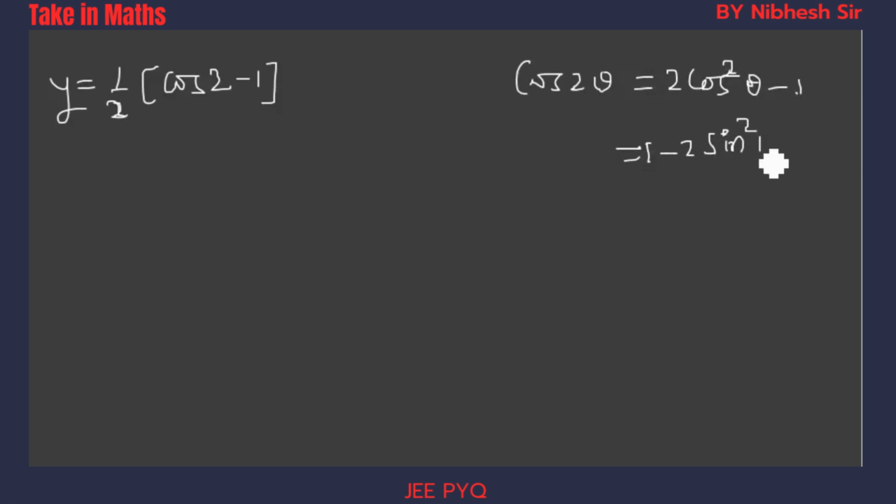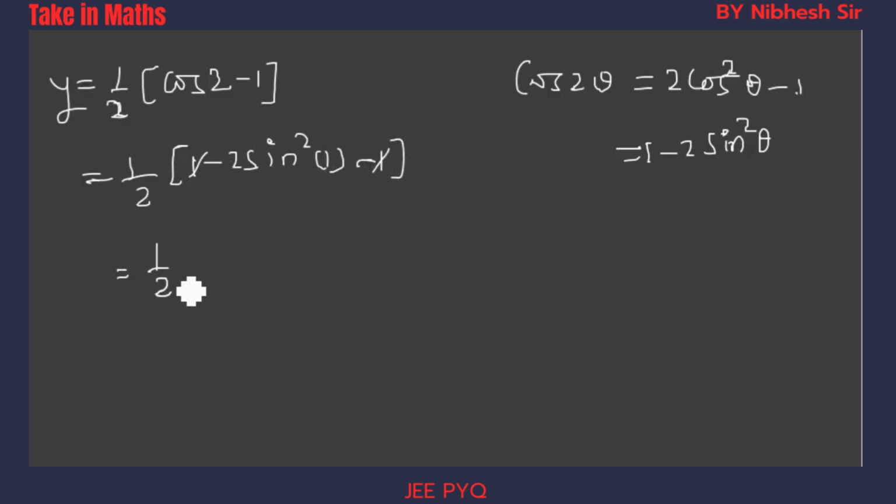So if we convert this in terms of sine, we write cos 2 as 1 − 2sin²1, minus 1. Minus 1 and plus 1 get cancelled. So 1/2 we have here minus 2 sin²1. The 2 and 2 get cancelled, so we get minus sin²1.